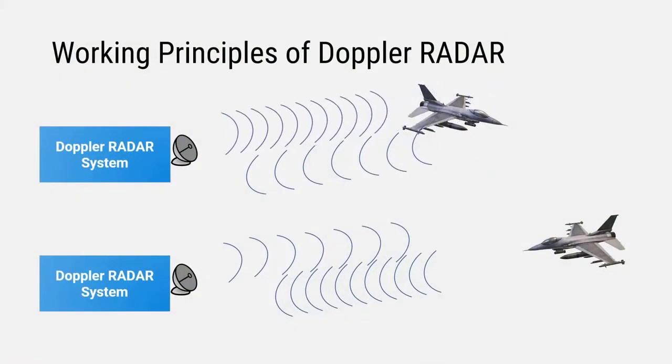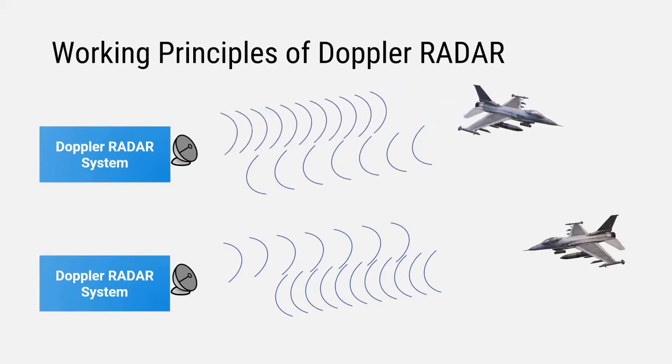To explain the working principles, I'll take two cases here. First, the target is moving away from the radar system, and second, the target is moving towards the radar system. In the first case, suppose you are generating a frequency f0 and the target is moving away.